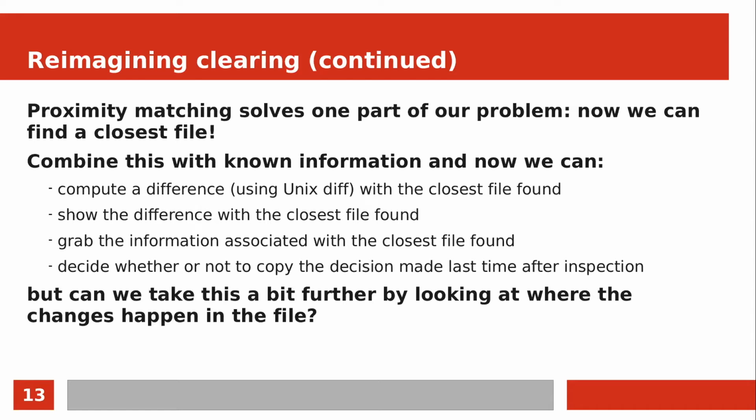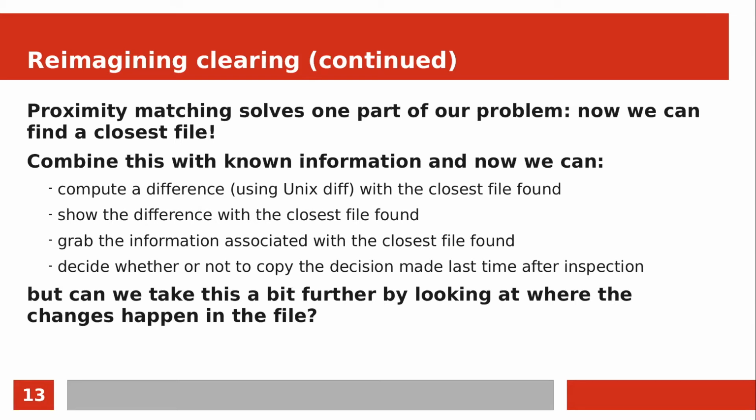I can also grab the information associated with the closest file found. For example, if I already found that a file was from zlib, and this new one is very close, I can basically just copy the conclusion: hey, this is zlib.